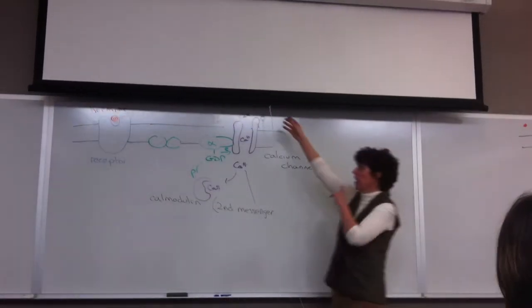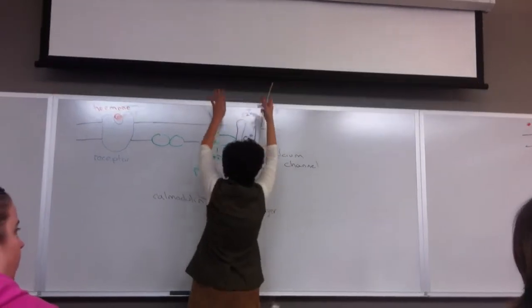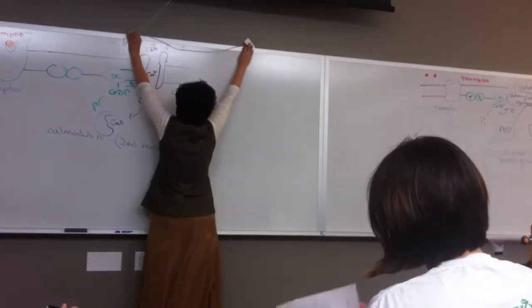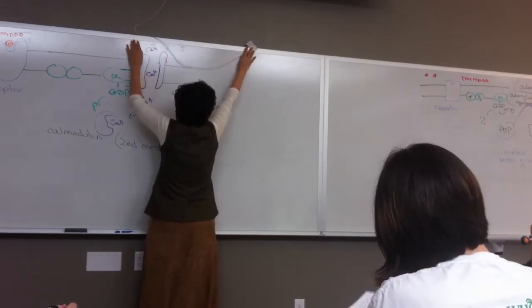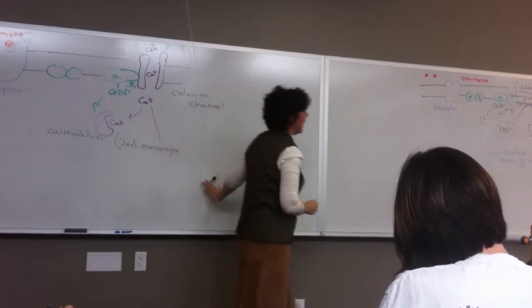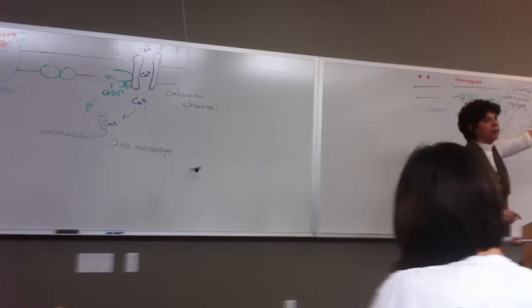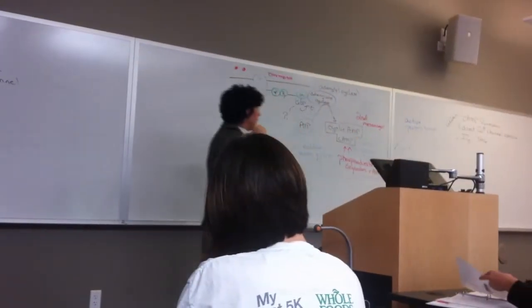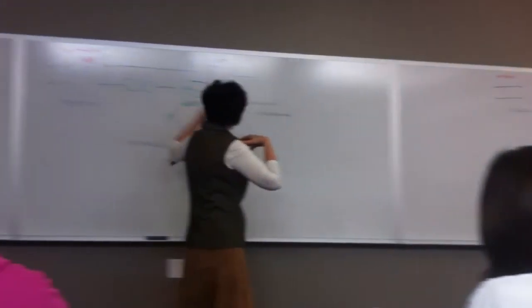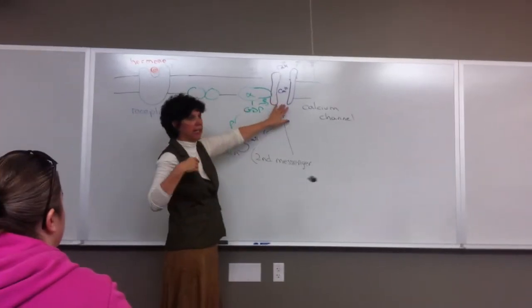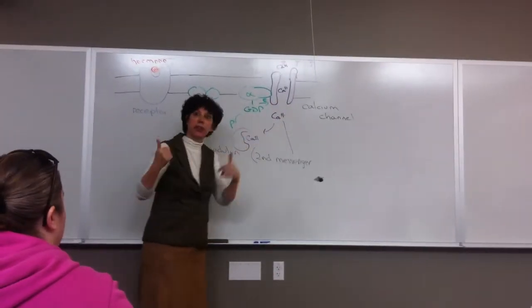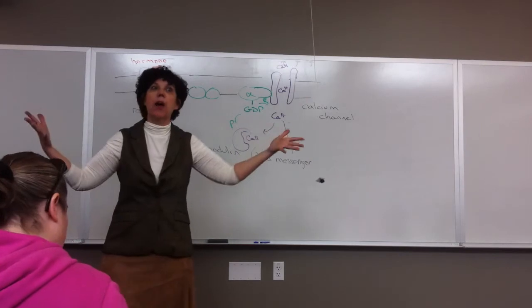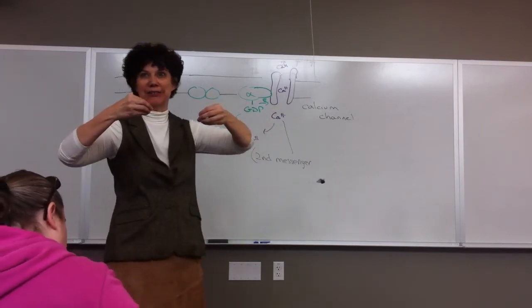In the first one, on the right-hand side of the board, we have the binding of the receptor to its protein, causing activation of protein kinase A and subsequent phosphorylation. In the second pathway, we have the activation of the subunits opening a calcium channel. In the third pathway we're going to look at, both of those activities will occur.